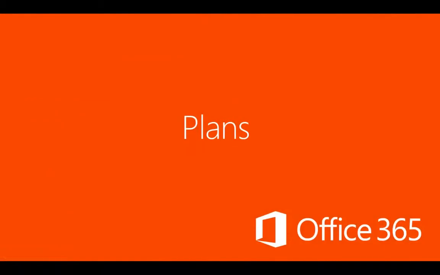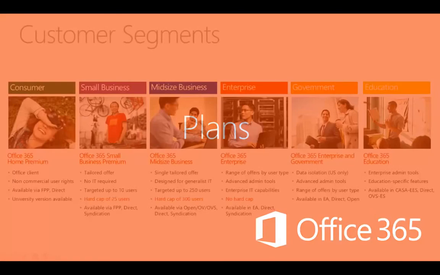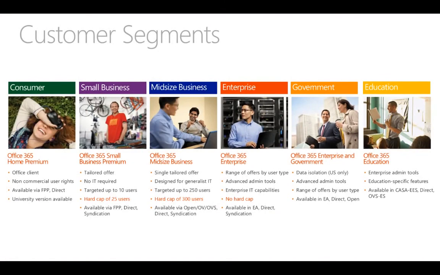So now that you know the new features of Office 365, how can your customers purchase it? The various Office 365 offerings that we sell are aligned to the different market segments. Office 365 Home Premium is just the client software. It can be sold as a packaged retail product at a store like Best Buy, or it can be purchased direct from the Microsoft Store.